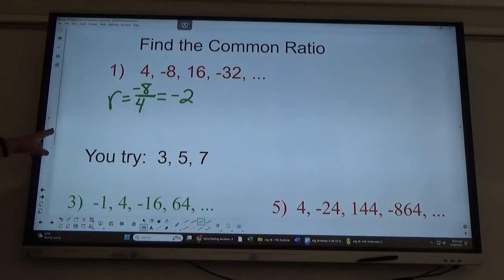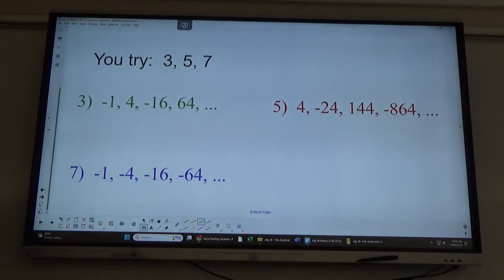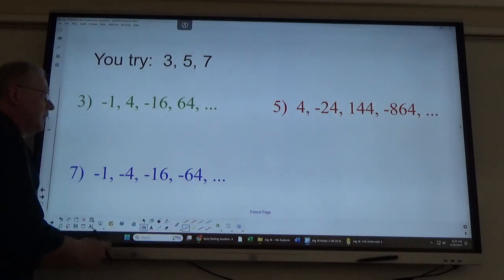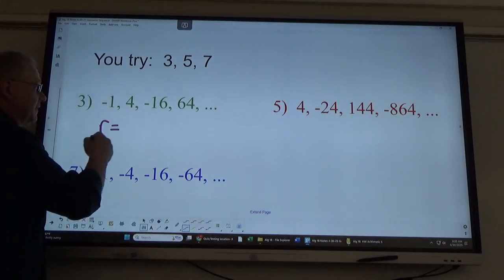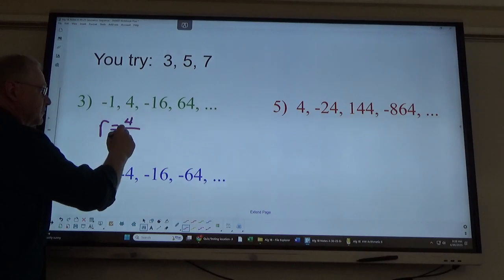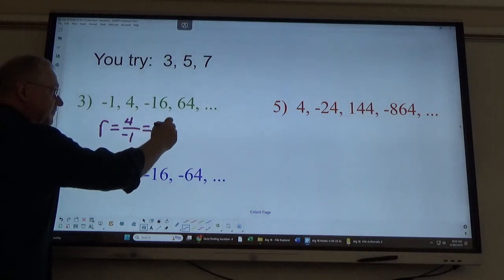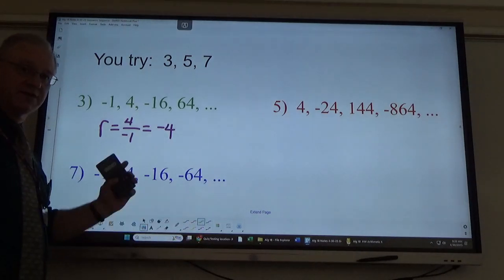You give these three a try for finding the common ratio. Pause your video and unpause when you are ready. So in this number 3, second term divided by first term, -4. Hopefully you got that right. If not, pause and try the other two again.